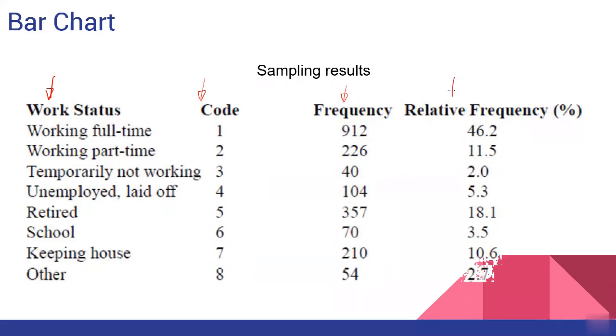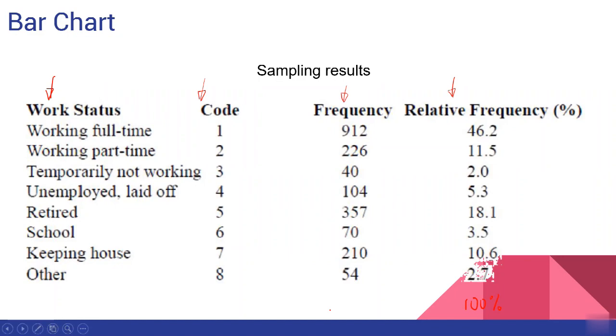The last column is called relative frequency, which is the percentage of each work status. The sum of the relative frequency is, as you can imagine, 100%, right? And the total of the frequency is the total number of people in your sample.